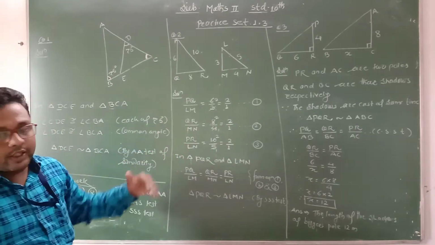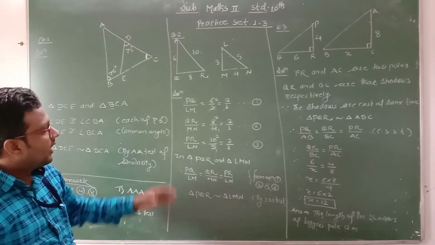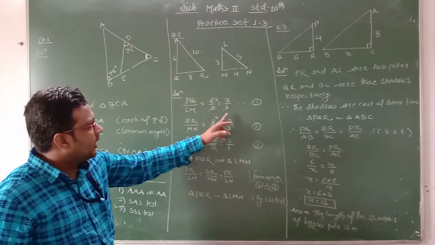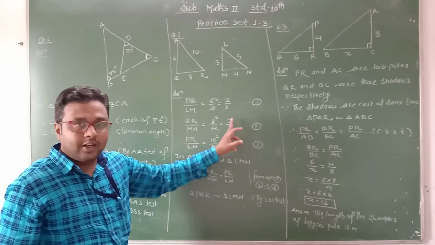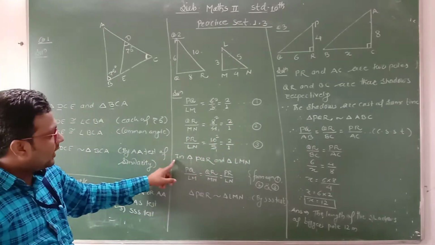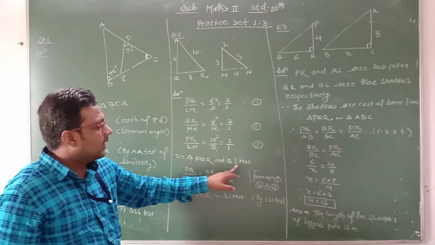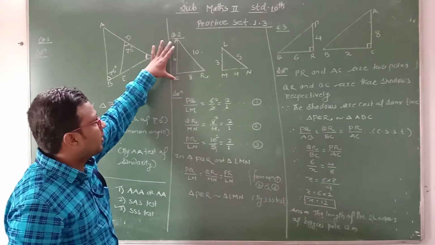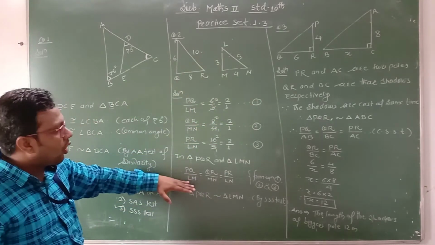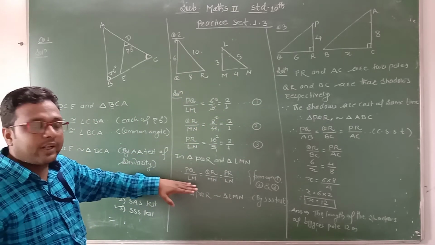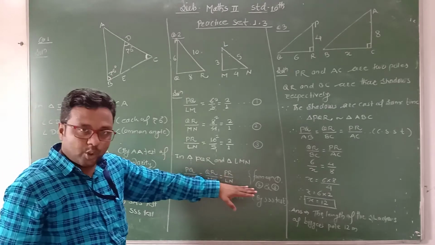Here we take the ratio of their corresponding sides and we find that the ratios are equal. This means they are in proportion. Now in triangle PQR and triangle LMN, for this correspondence PQR and LMN, the ratios of their corresponding sides are in proportion.